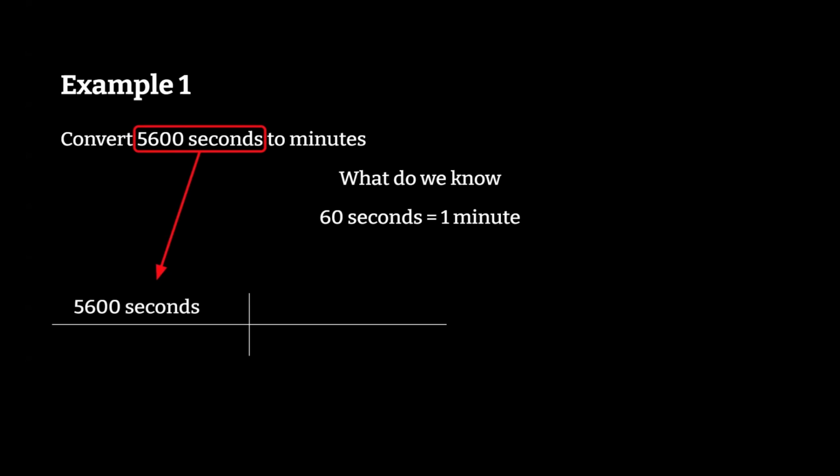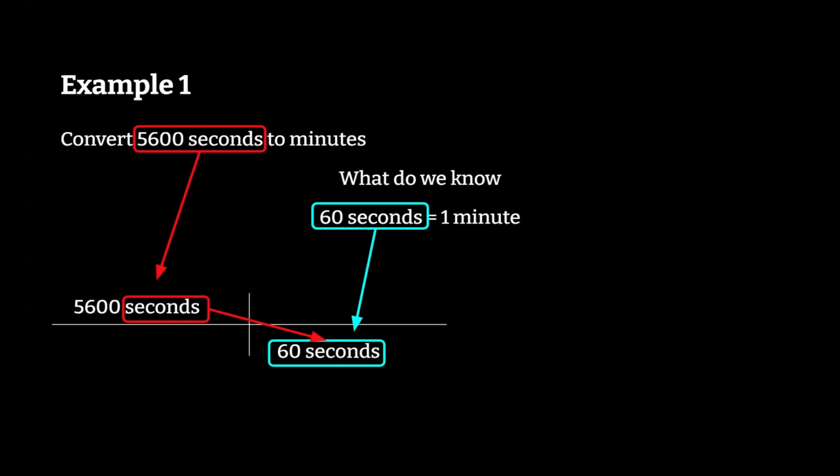Because we have seconds on the top left, we also need to have seconds on the bottom right. That comes from the 60 seconds in what we know about this conversion. So those 60 seconds will go here.